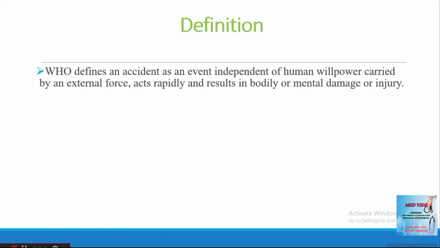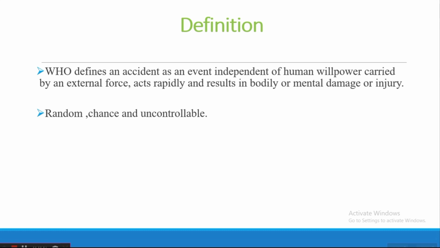The World Health Organization defines an accident as an event independent of human willpower, carried out by an external force, which acts rapidly and results in bodily or mental damage. It's random, occurs by chance, and is uncontrollable.